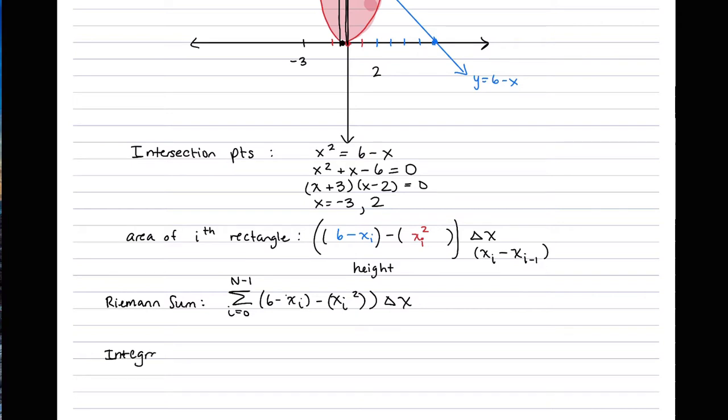You don't actually have to compute a limit when you're doing these. I won't ask for that. What we're doing is, as n goes to infinity, delta x goes to 0, and our integral becomes exact.